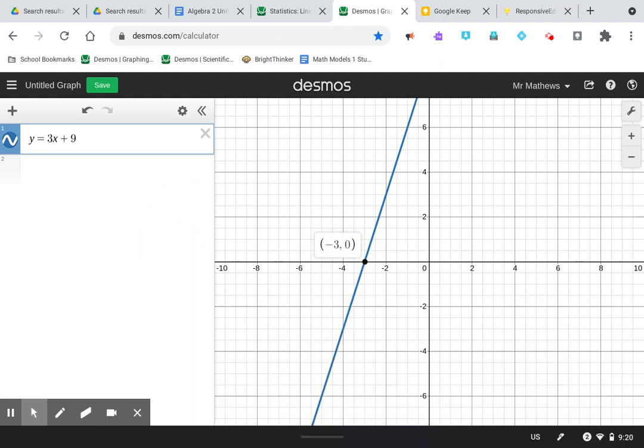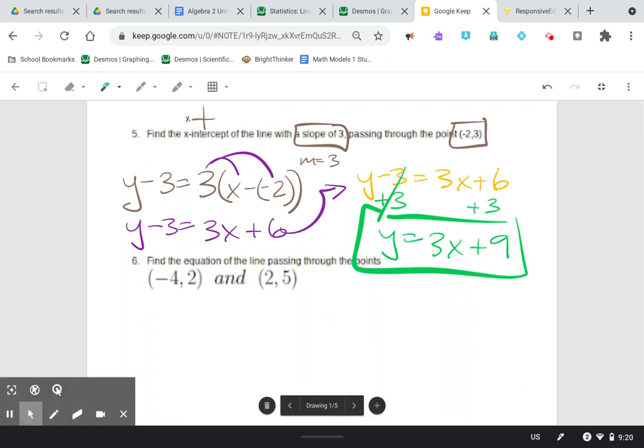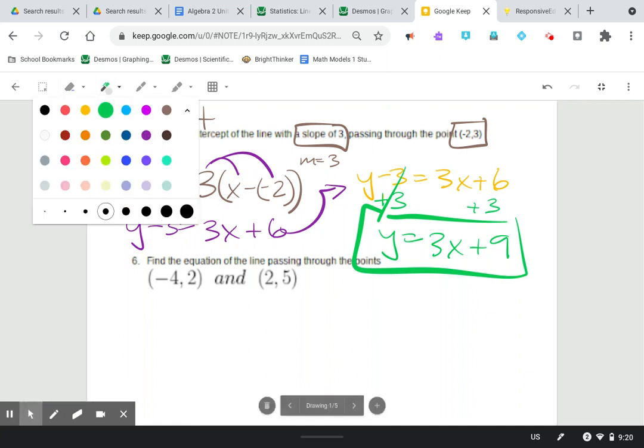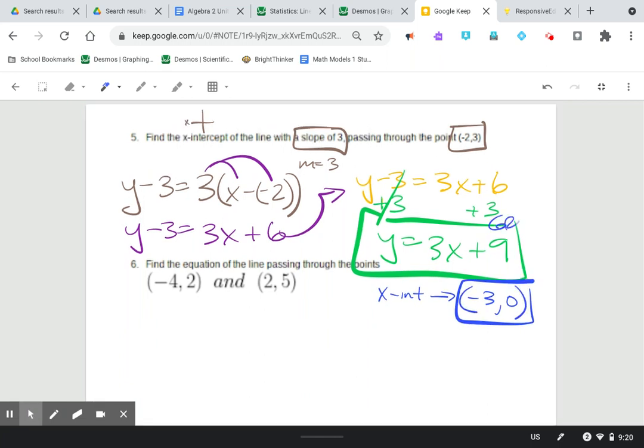The x-intercept is -3, so that is our answer. So then our x-intercept is -3, 0. Let's write that down here. X-intercept is -3, 0. So that's from the graph. So you just find the equation and then you graph.